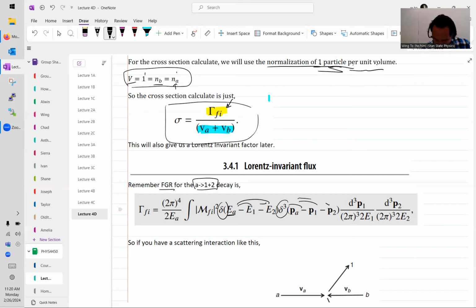But then we have to integrate these triple integrals over momentum. Does anyone remember why there's a bunch of 2E's on the bottom here? Why are there a bunch of 2E's on the bottom?